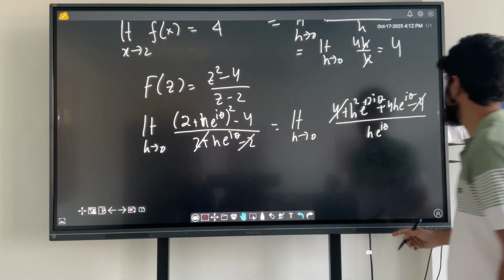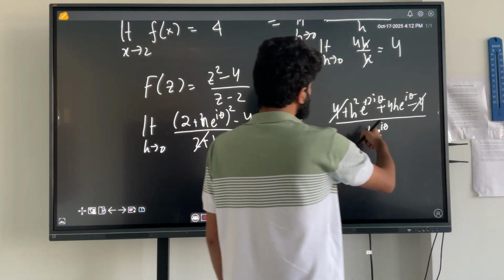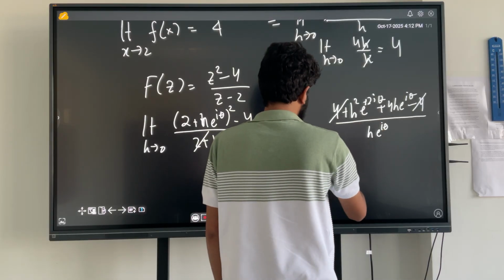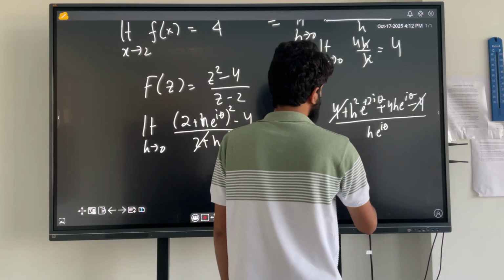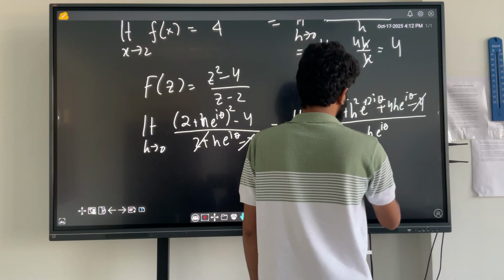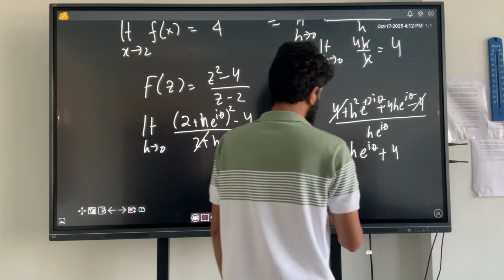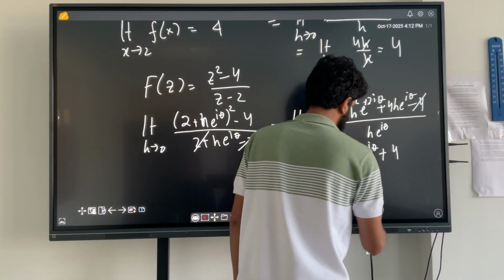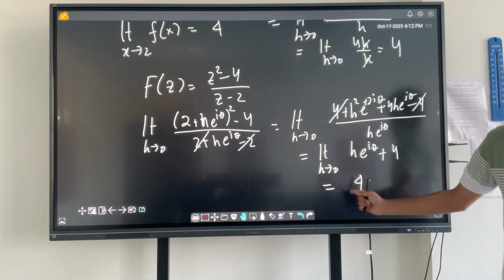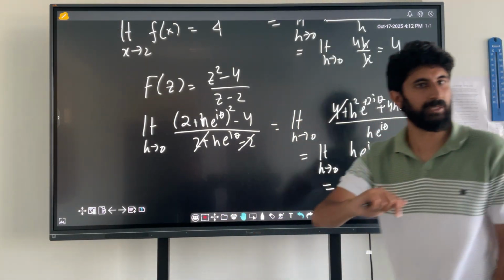Now, once 4 and 4 goes, h cancels one factor from your limit h equals to 0. We get h e power i theta plus 4. When I put h to 0, it just gives me 4. Does this depend on theta? Is this direction independent? Yes, sir.